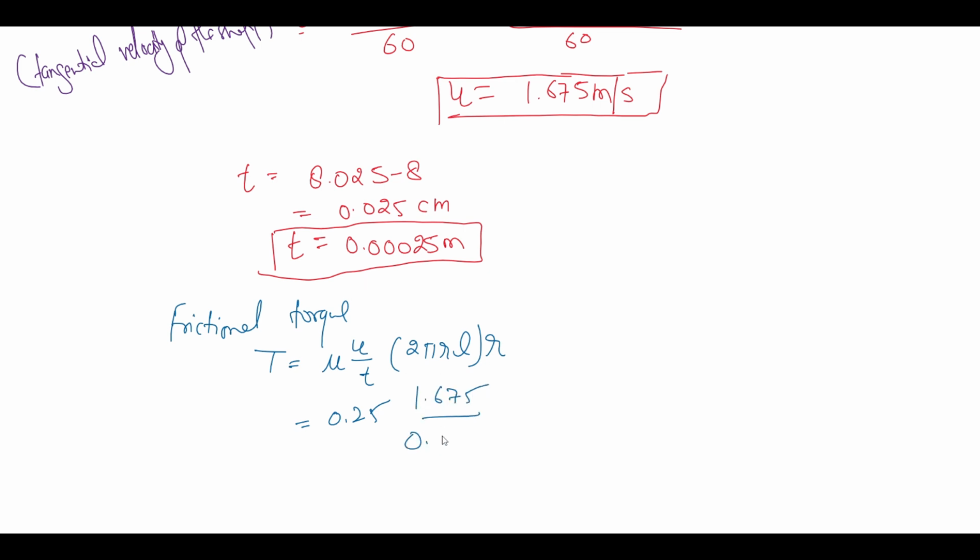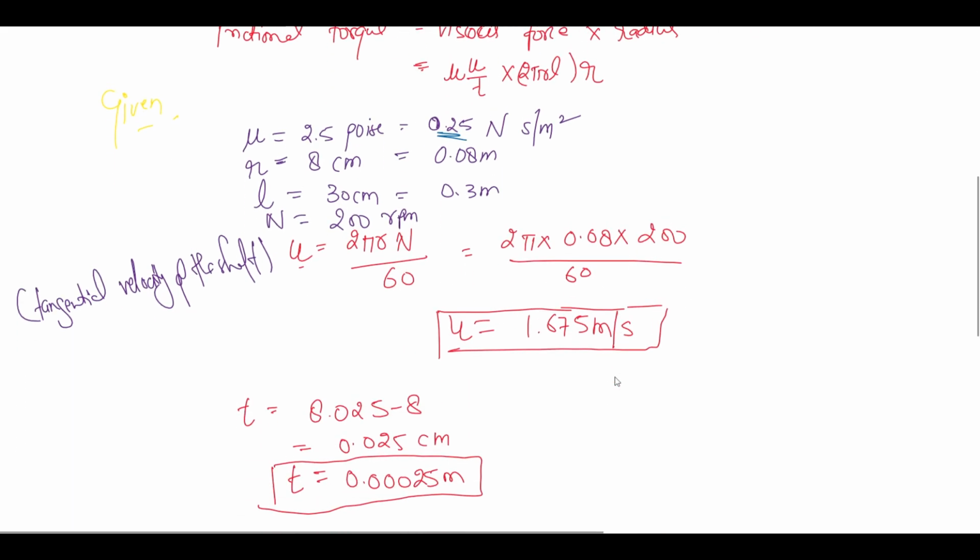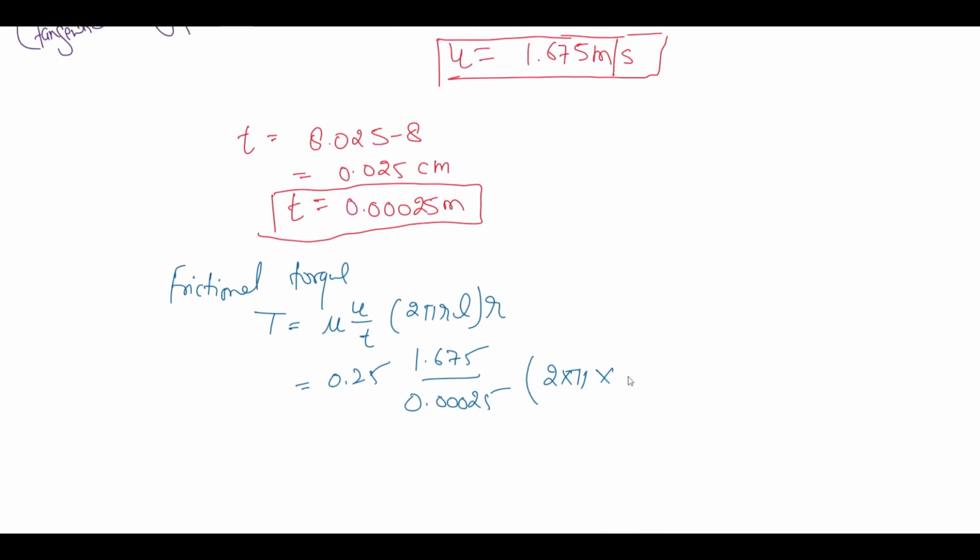What is t? t is 0.00025, and 2 into pi, r is 0.08, L is 0.3, and again r is 0.08. After calculating all of this, I get the value 0.19 Newton meter. This is the frictional torque.